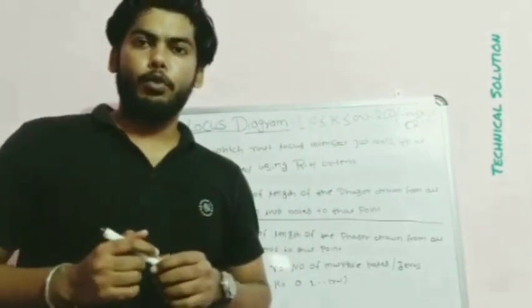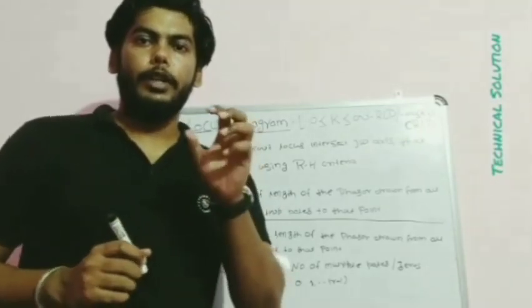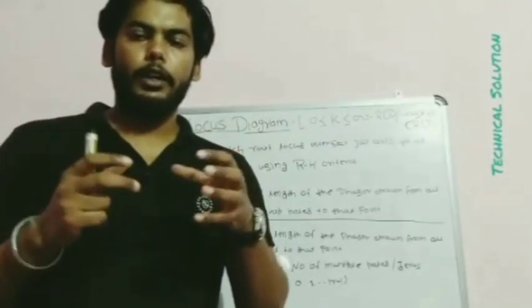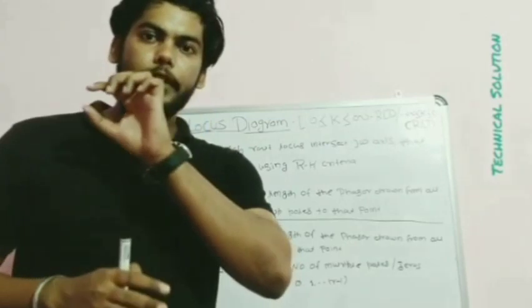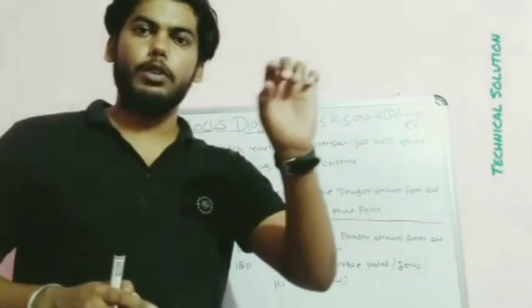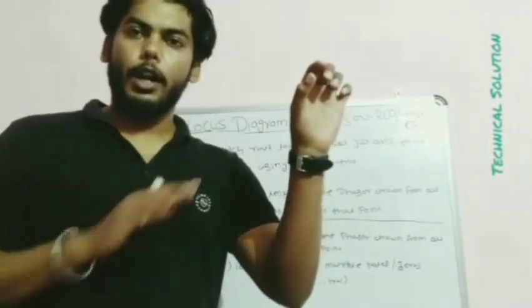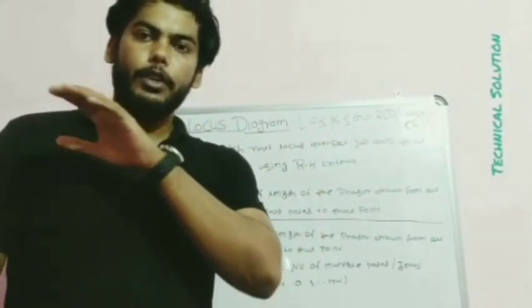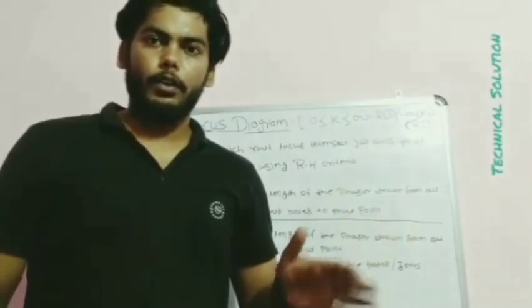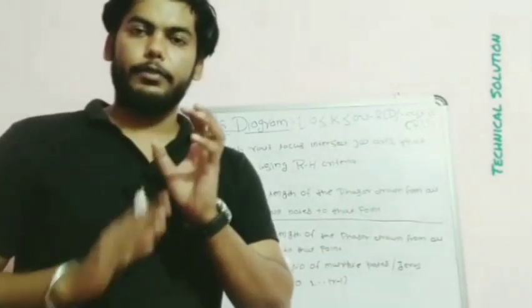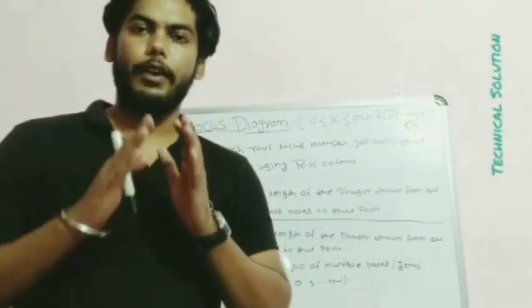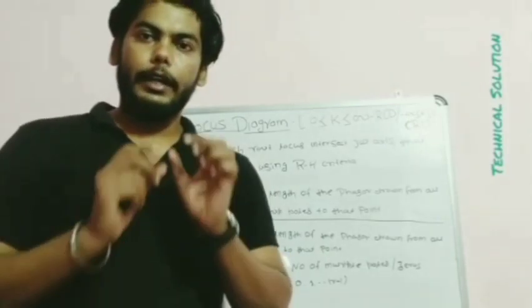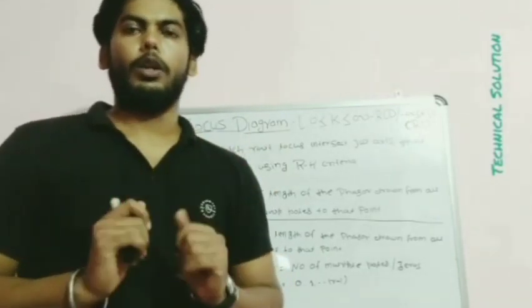Then, to find the open loop gain, we take the product of the phasors drawn from all the poles to that point, upon the product of all the phasors drawn from the zeros to that point. From this formula we can find the open loop gain at any position on the root locus.